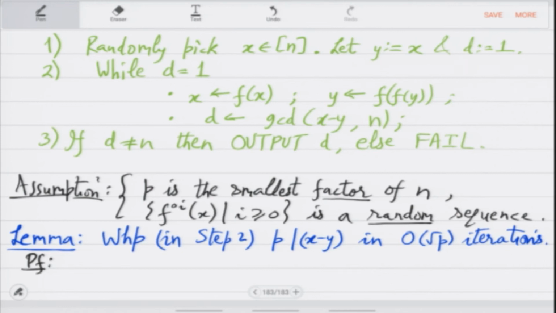Obviously, this is a heuristic. Using the assumption, it's a probabilistic claim. So how do you show this?